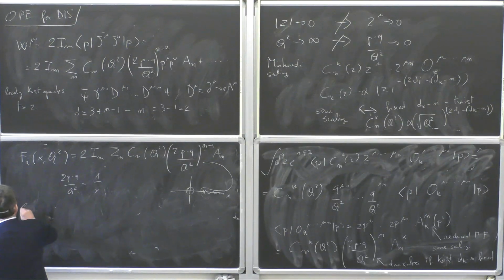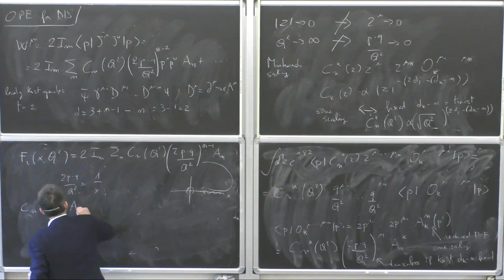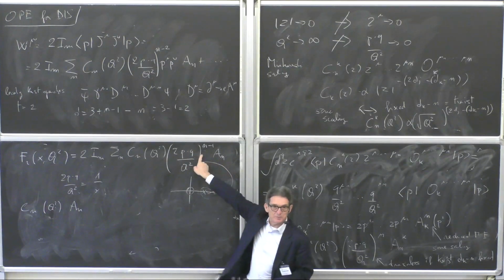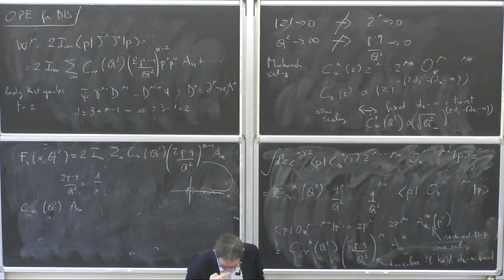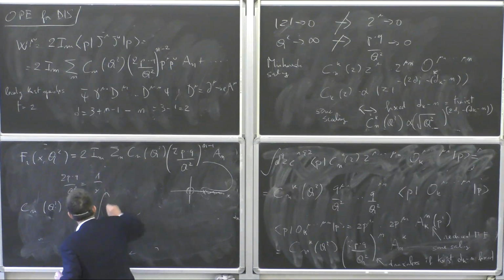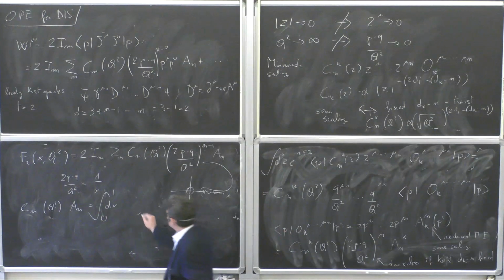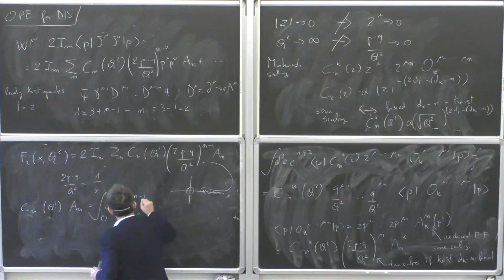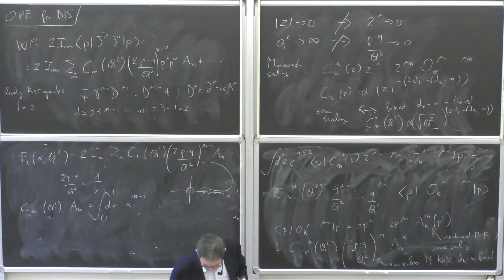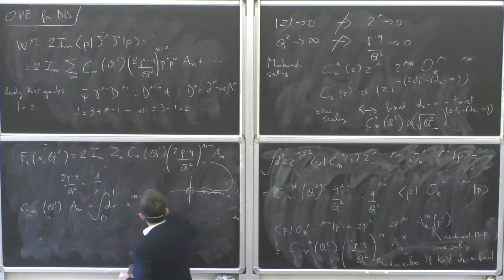So you can show that, let's say, Cn q squared an, the term that multiplies this thing raised to the power n minus 1, is actually equal to the integral dx from 0 to 1 of x to the power n minus 1 of F2 of x divided by x.